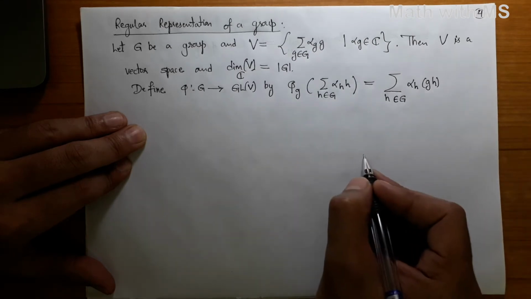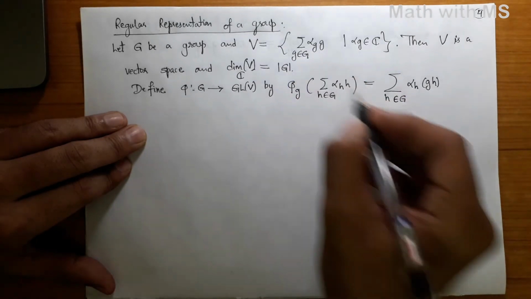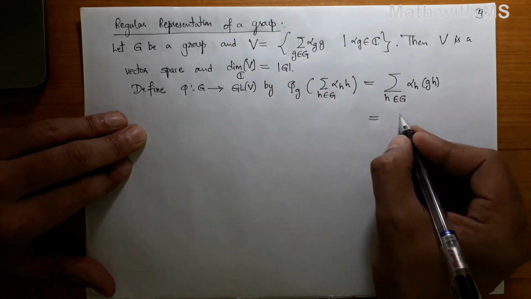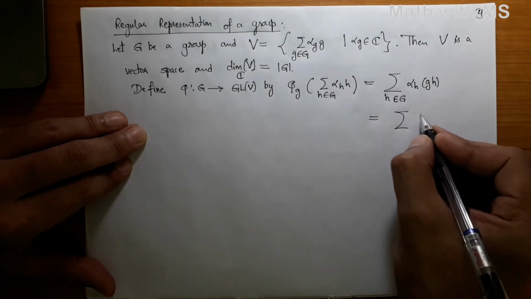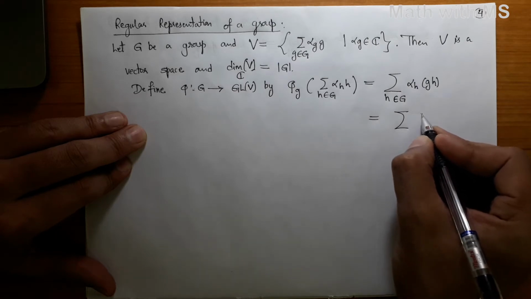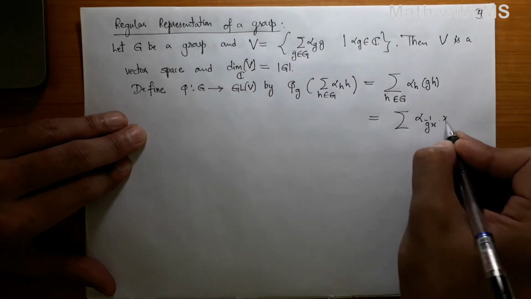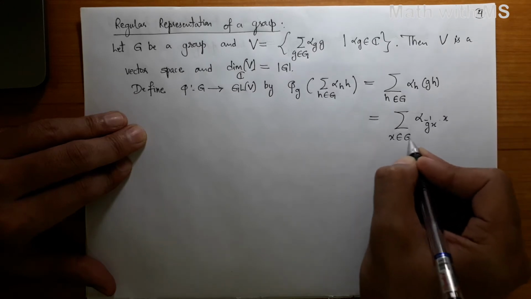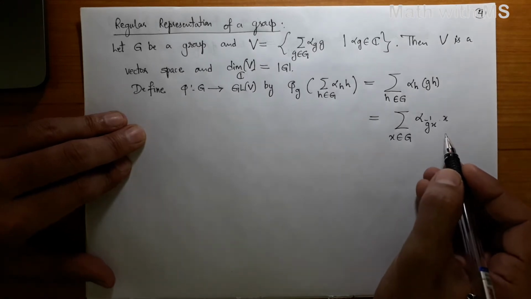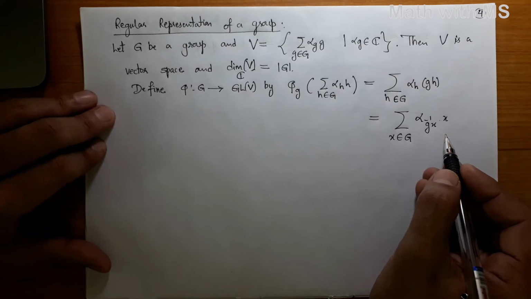If you want to be precise, you can write it in this form: do a change of variable, and you can write it as Σ α(g⁻¹x) x, where x is an element of the group G, where x is gh.